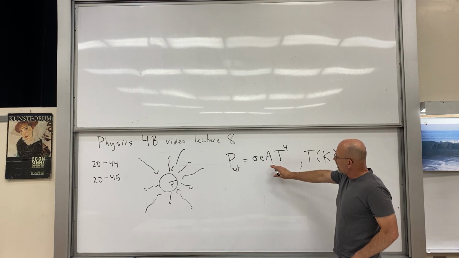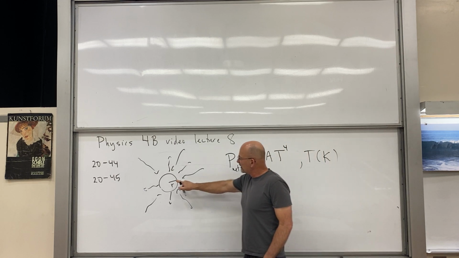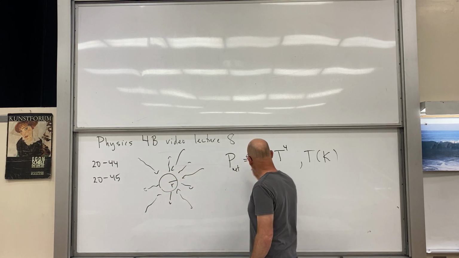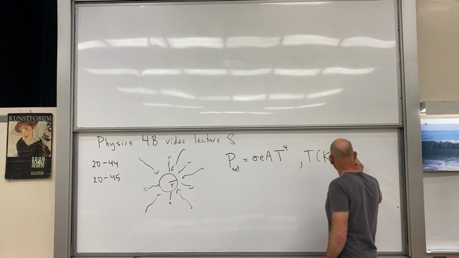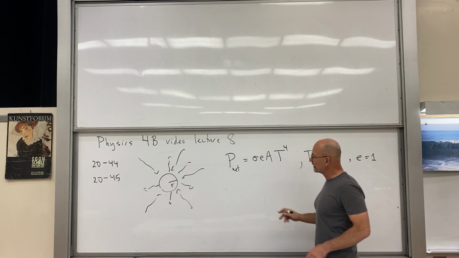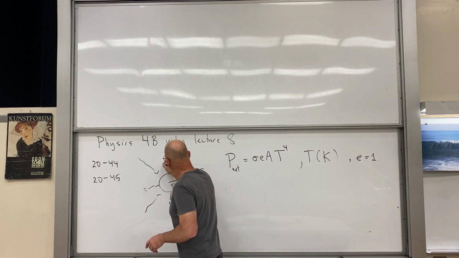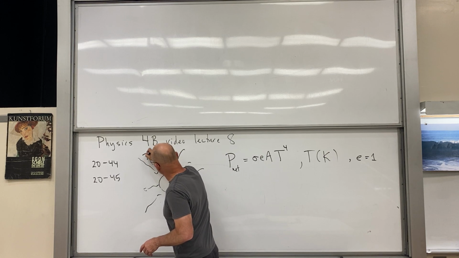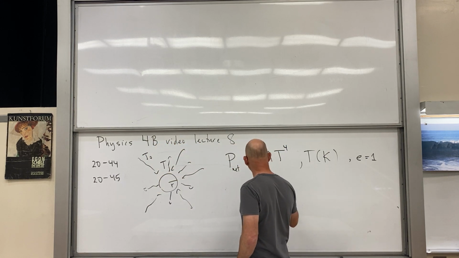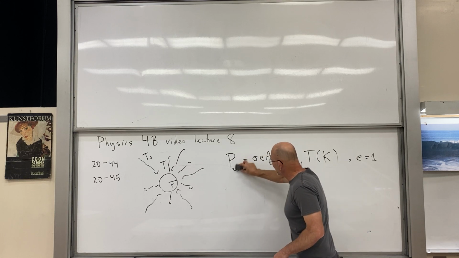Now in our particular problem, this is a copper sphere that has been blackened, so it has an E equal to 1. And because we have T radiating out and T0 radiating in, we could actually say, let's not call this P net.